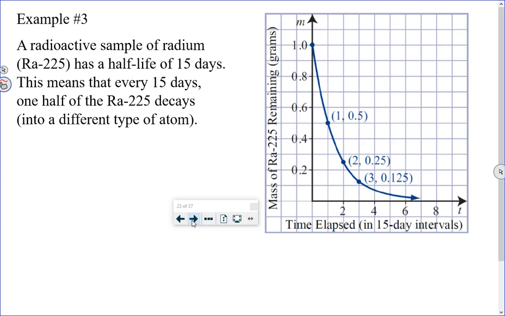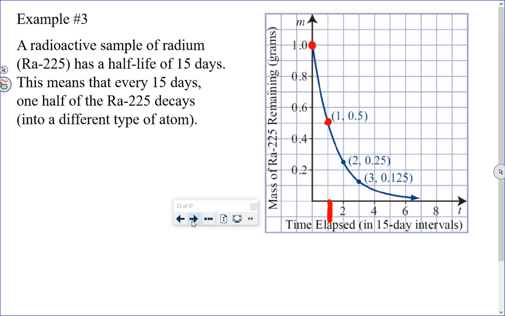Example 3, a radioactive sample of radium. What's Ra-225? It's the type of radium. Has a half-life of 15 days. What that means is that every 15 days, 1/2 decays into a different type of atom. So if you take a look, you start off with this amount, and then one 15-day period later, you have this amount.